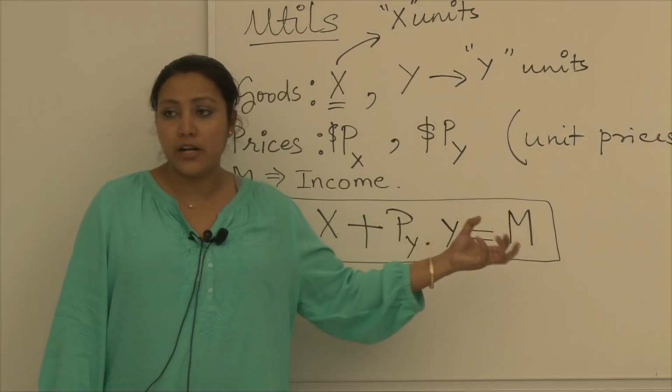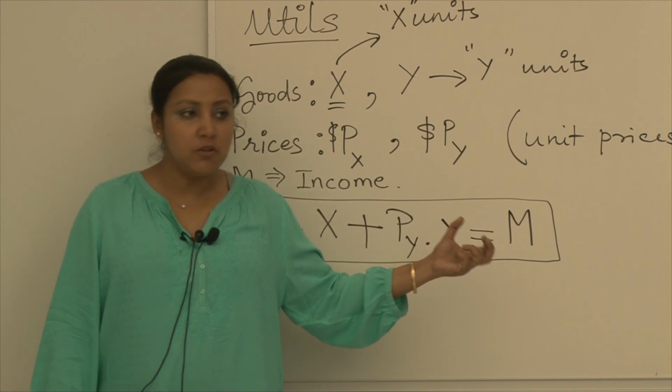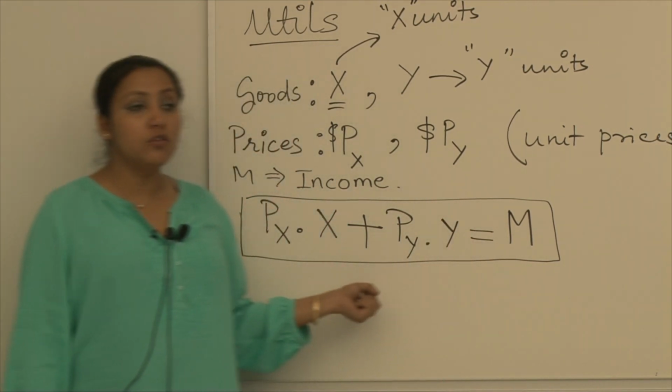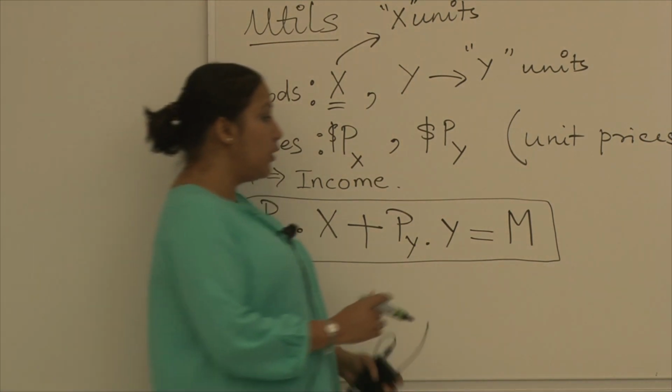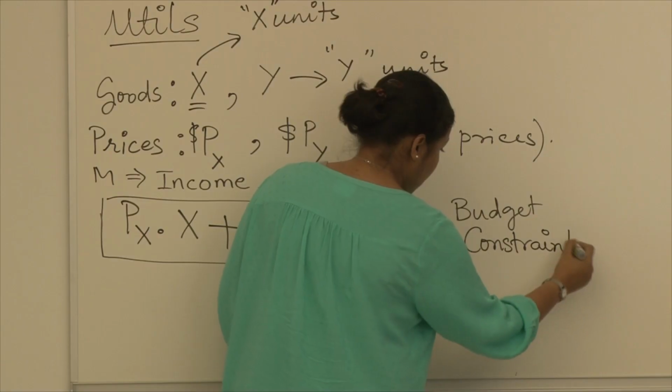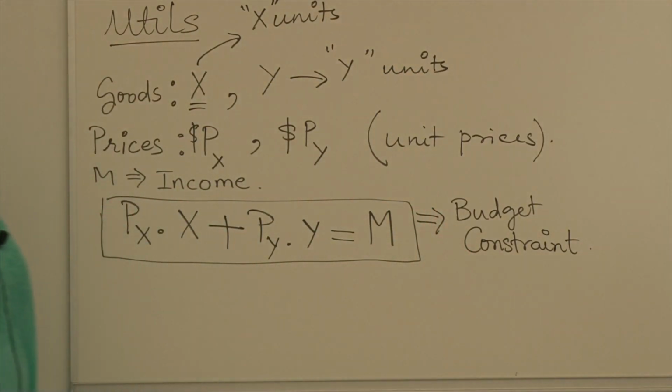It is like constrained by M. M is putting a constraint on this. So, this is also known as the equation of the budget constraint or budget line.